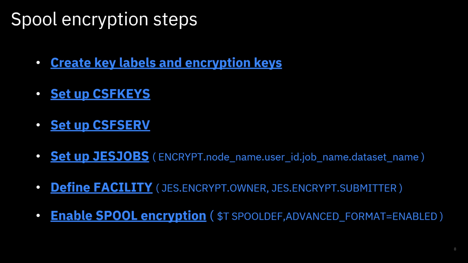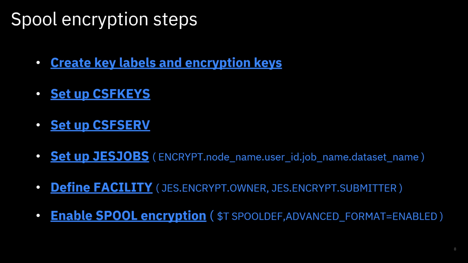Then set up the RACF class CSFSERV to control the access to cryptographic services of ICSF. Then set up the JESJOBS class to be used automatically to assign a key label to spool datasets that meet certain criteria. And you can see here the format for profile names in this class.